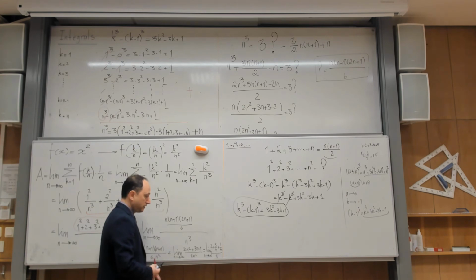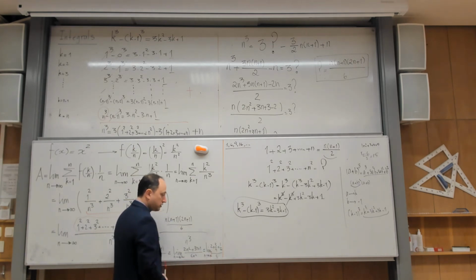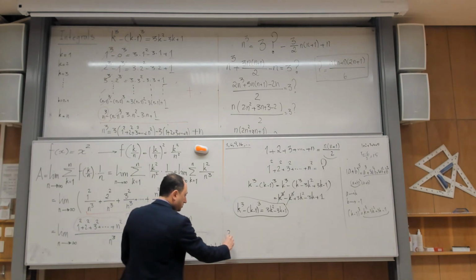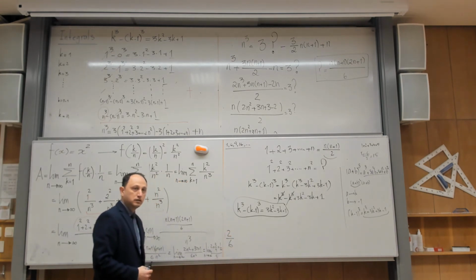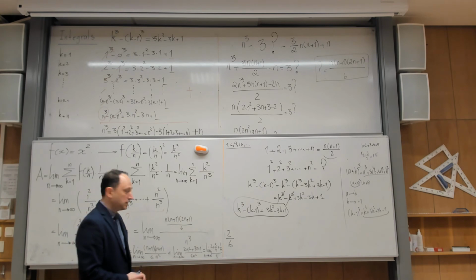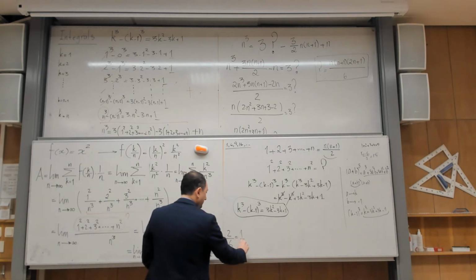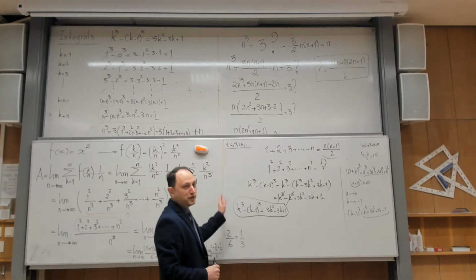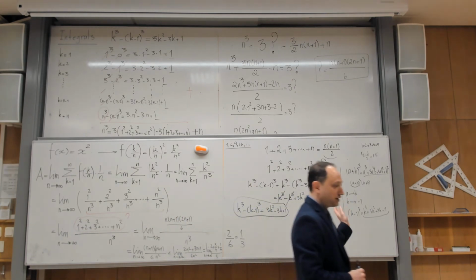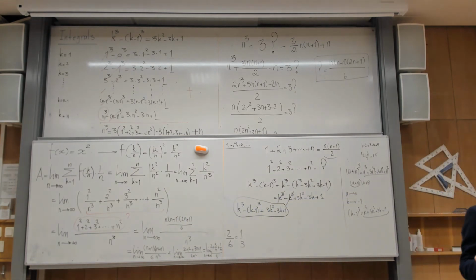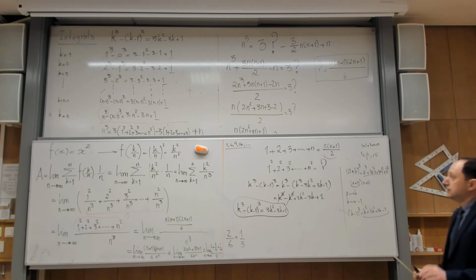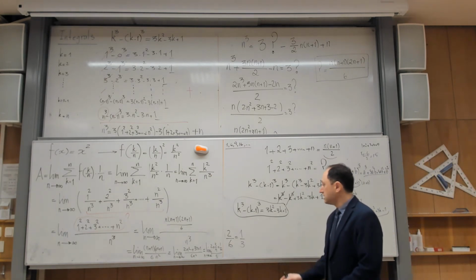What is that when n goes to infinity? 0. And then that's also 0. So what do I get? I get 2 over 6. Yes? And the answer is 1/3. So all we have done is just for 1/3. So the exact area that I started with is 1/3.